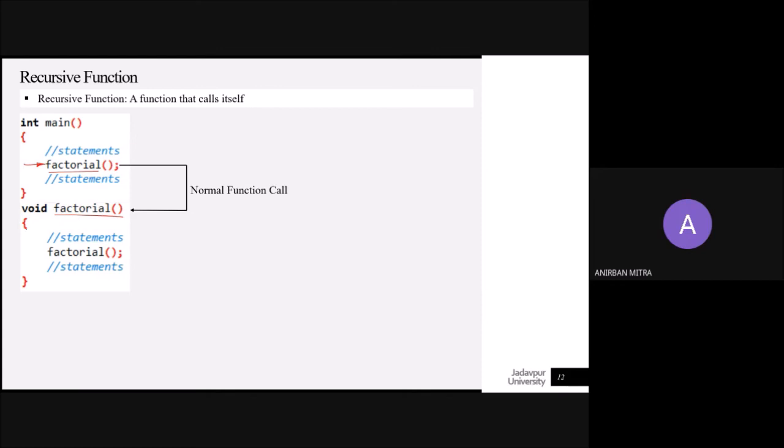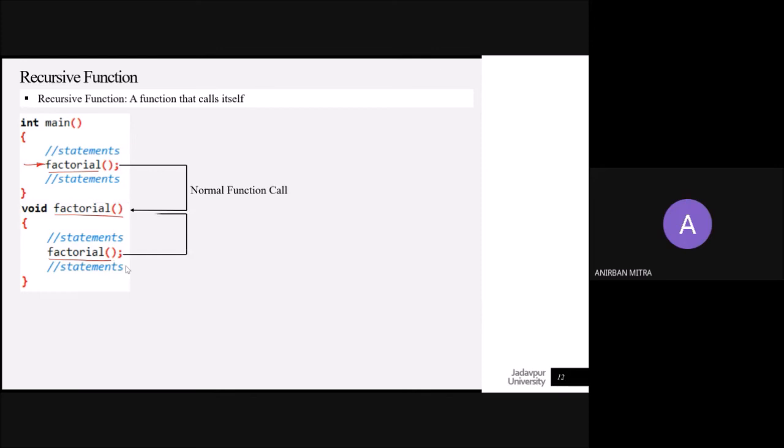Now here is the body of the function. Within the body of the function, there would be certain statements again. And then you see that this factorial function has been called again. Now, where is this factorial function being called from? The factorial function itself. So the function calls itself. This is known as recursion.